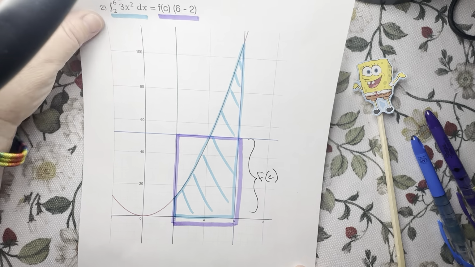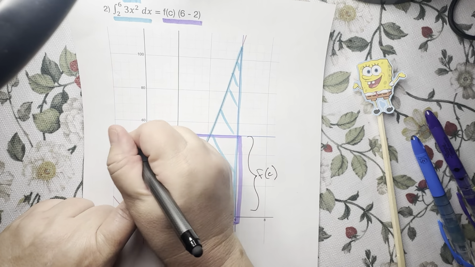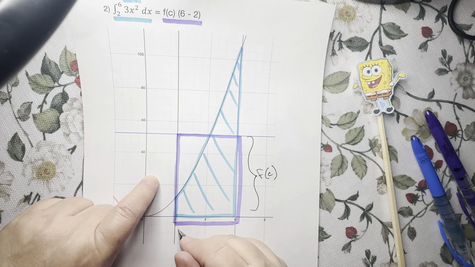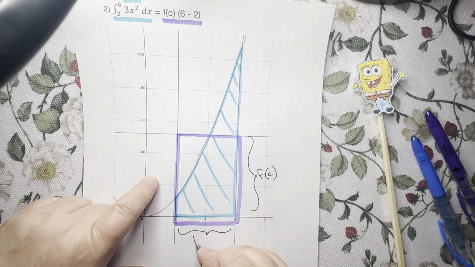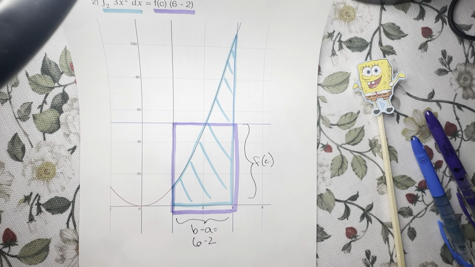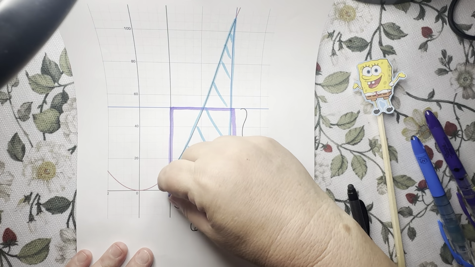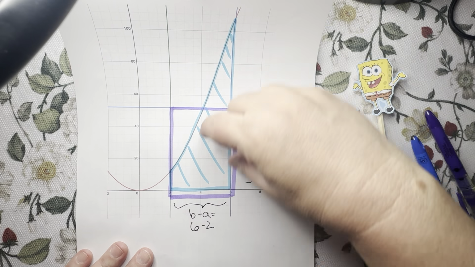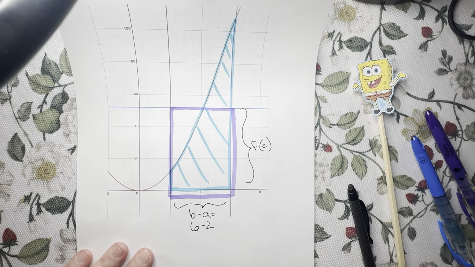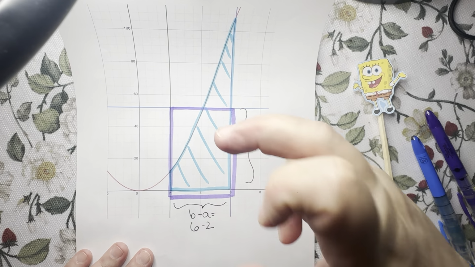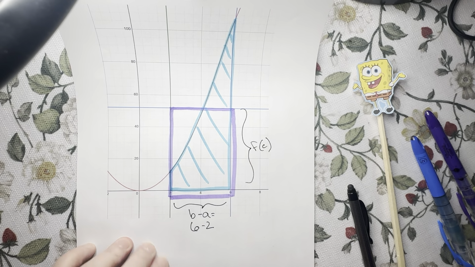That's that value of c that equals 52. I drew it in for myself. And this is b minus a, which is 6 minus 2. So I can make any definite integral that gives me the area under a curve, I can squish it down into a rectangle over the same interval.